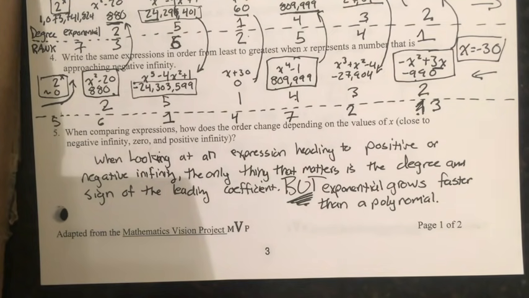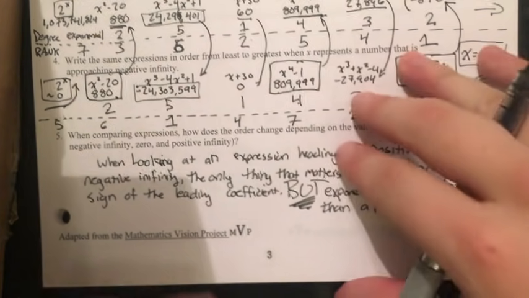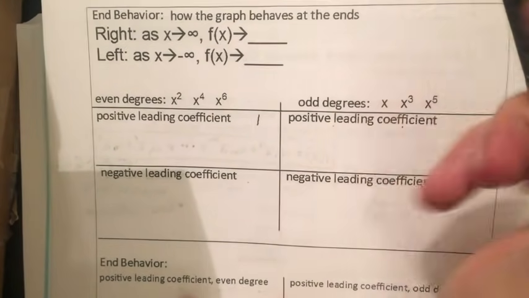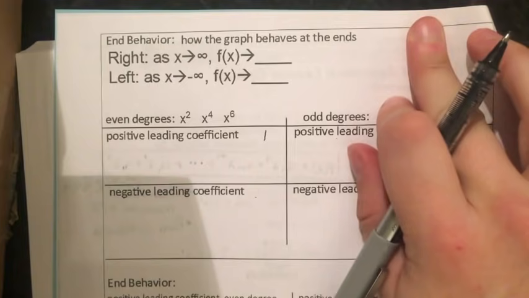Now let's see what this looks like in terms of, practically looking at a couple equations. Let's flip over to page 6. Keep in mind that we're going to look at something called end behavior.